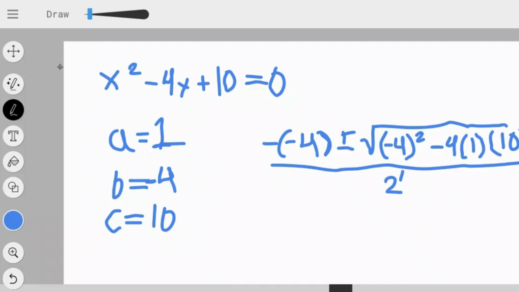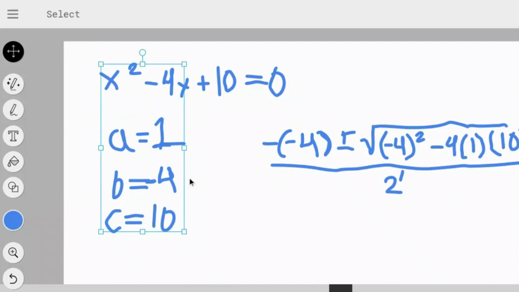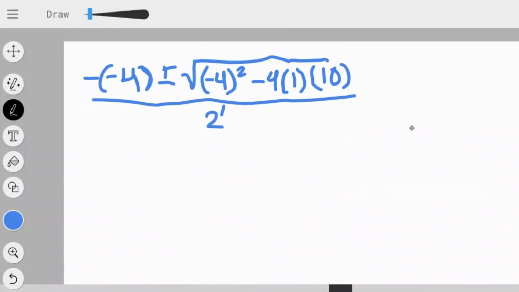So let's get rid of the rest of this real quick. Then what we're going to do is solve this by making it a little bit simpler. I'm going to start with this negative 4, which is actually going to turn itself into a positive 4. So that would be plus or minus. Mouse is mousing today.